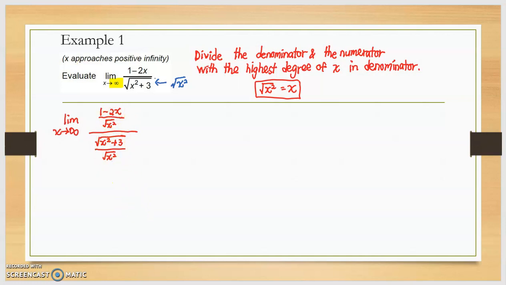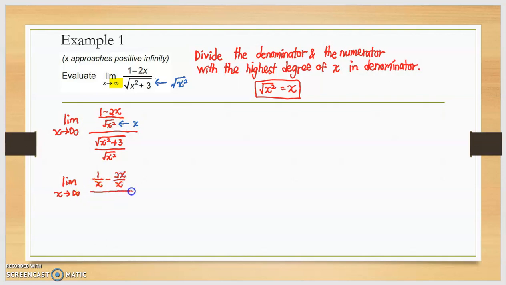For the numerator, we have to change to x because this one is not involving a radical. Next, limit as x approaches infinity, what we have here is 1 over x. We separate 1 by 1: 1 over x minus 2x over x.